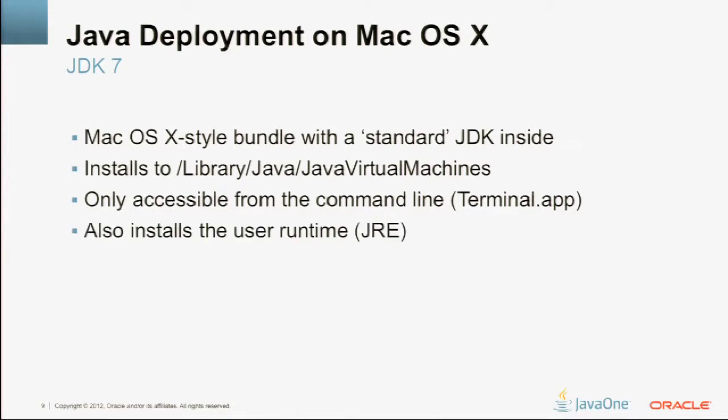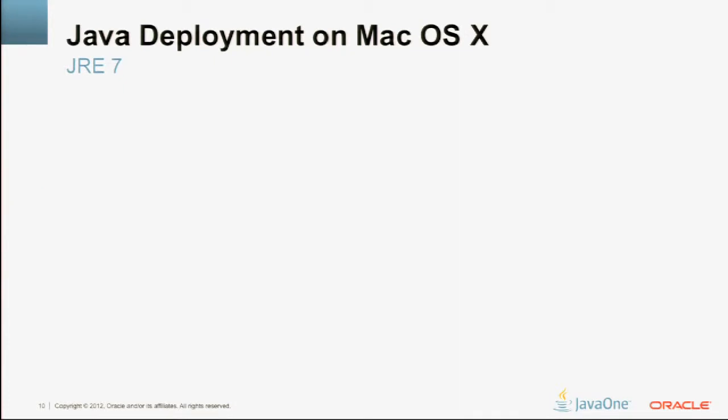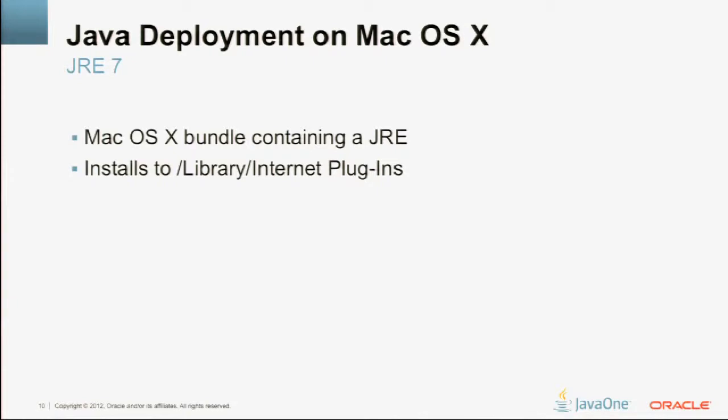So as I mentioned before, the JDK also installs a JRE, and that looks a little bit different on a Mac. So what is that? Well, again, it's just another bundle. But in this case, we're putting it in Library Internet Plug-Ins. This was due to, I want to say, an unfortunate decision, which we may change in the future, but it works right now. So basically what we do is we wrap up the JRE, make it look like a plugin for the browser, and then we install it in Library Internet Plug-Ins, overriding Apple's plugin for Java 6.